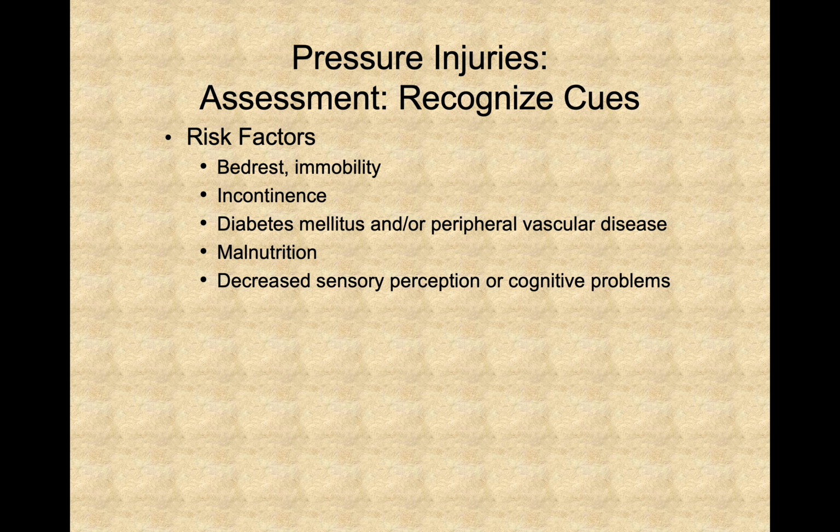And what we see happen in patients with peripheral neuropathy because of diabetes or other things, they may sustain an injury to their feet, but they don't feel it because of this neuropathy, this altered sensation to their extremity.